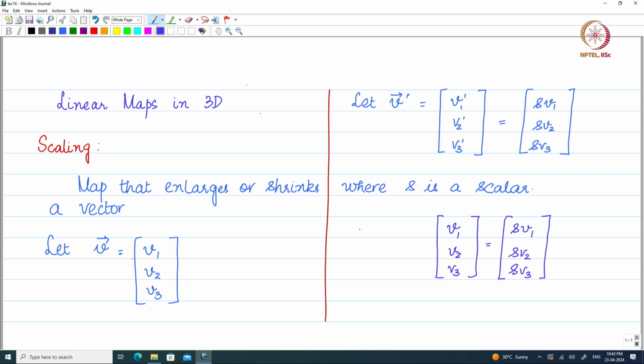So, what is the matrix which does this? Clearly, this is just the identity matrix with the diagonal elements replaced with S. Depending on the value of S, the vector is going to be either shrunk or enlarged.